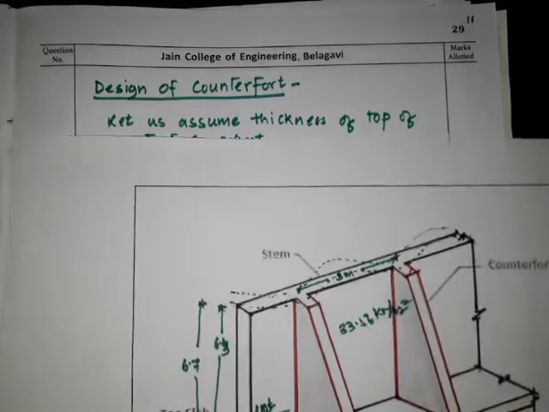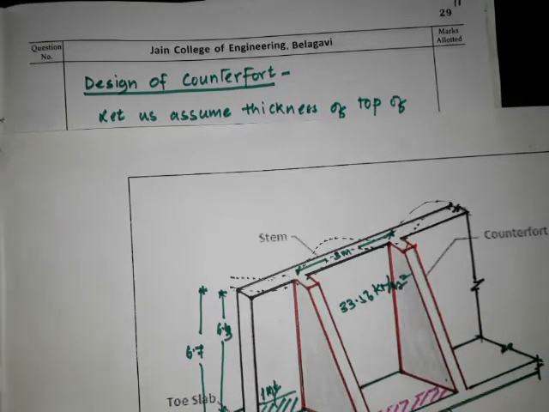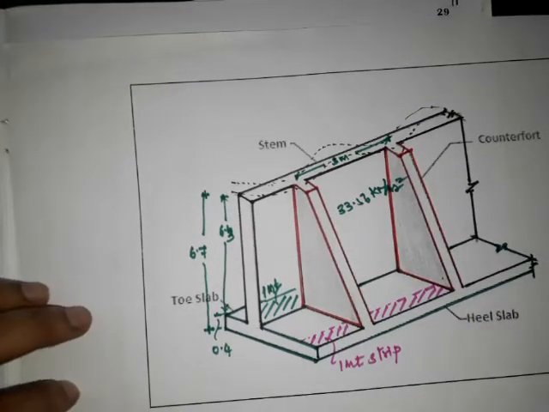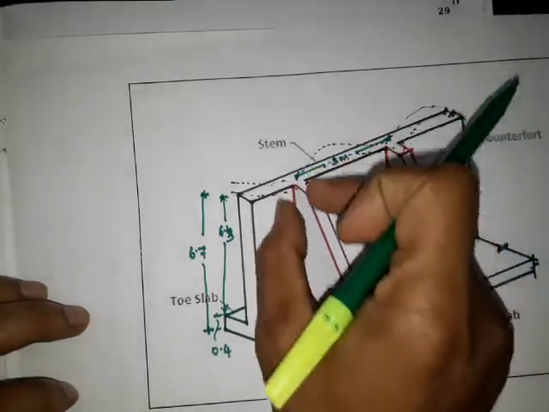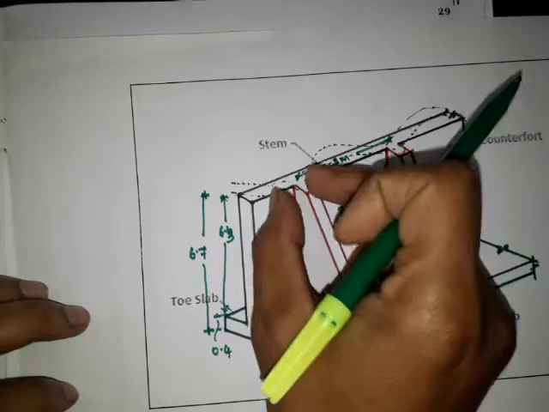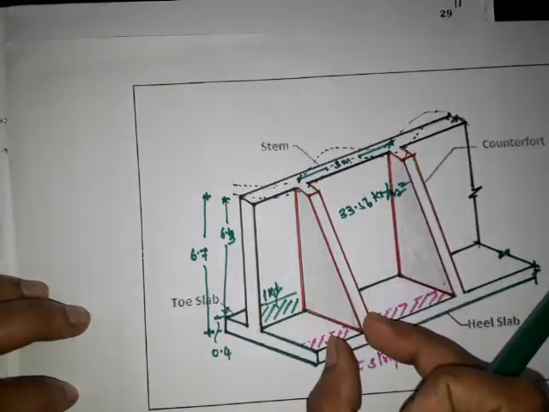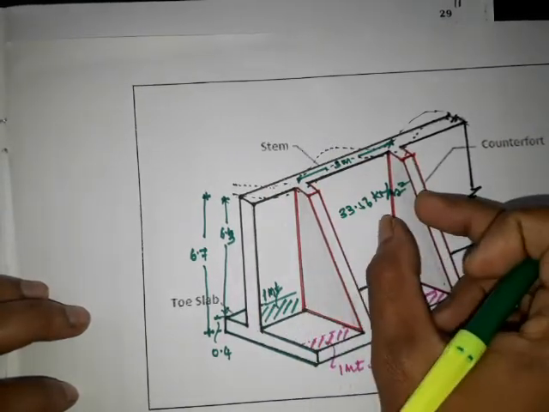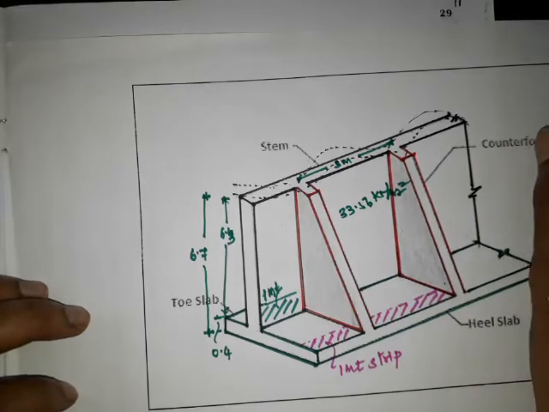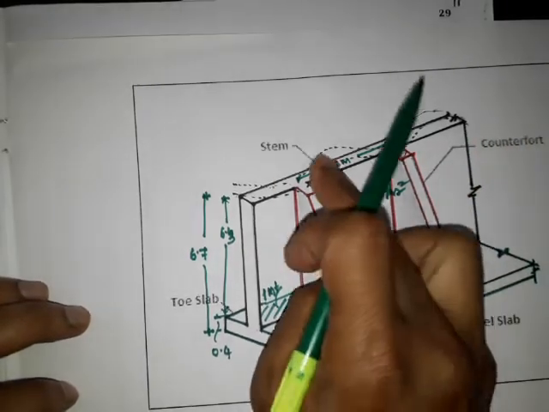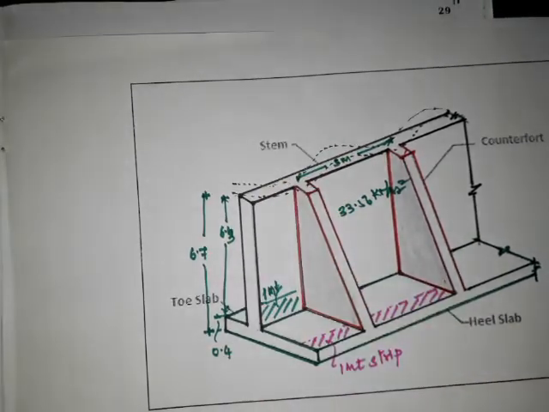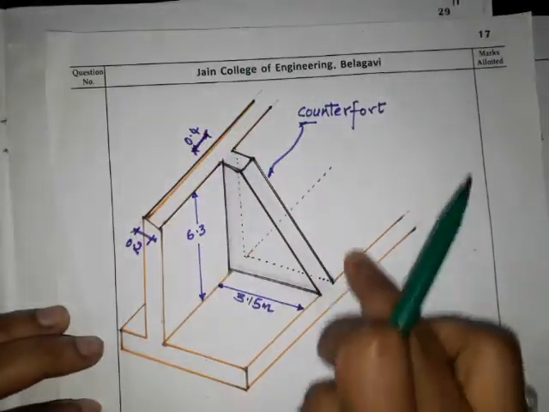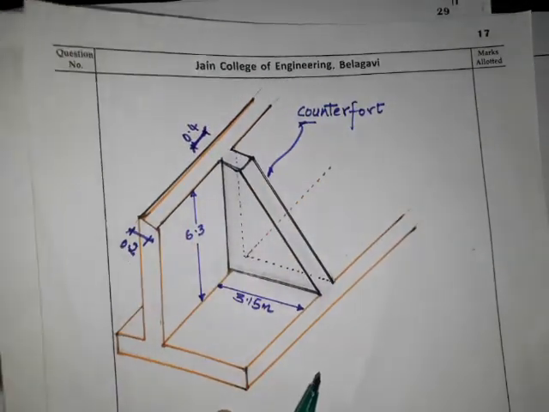With respect to this, we have to find the total force transferred over one counterfort. The one counterfort we are going to design, and the same reinforcement detail we are going to provide for the other counterforts. So we have to find out the total force acting over this counterfort. That we are going to find out.